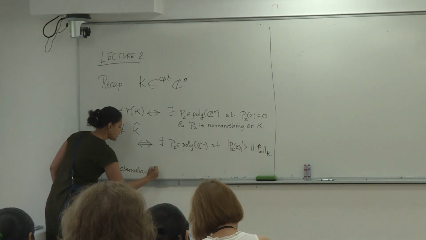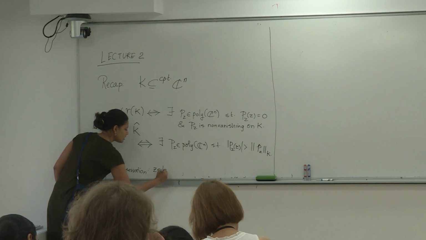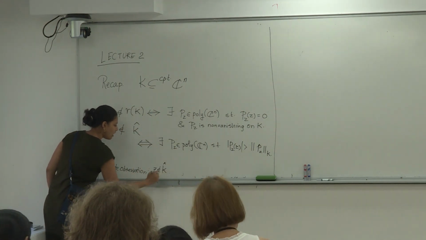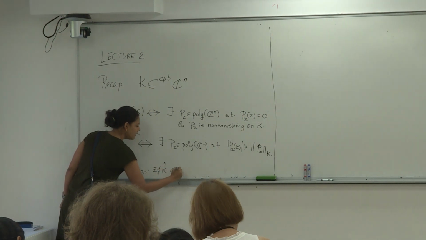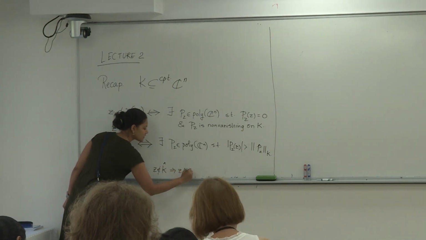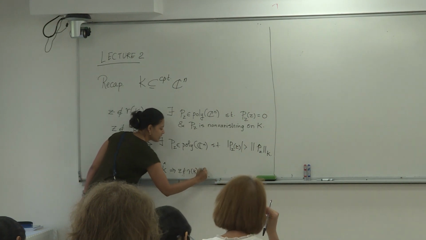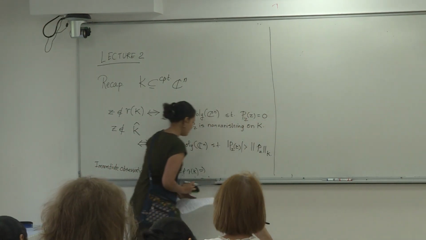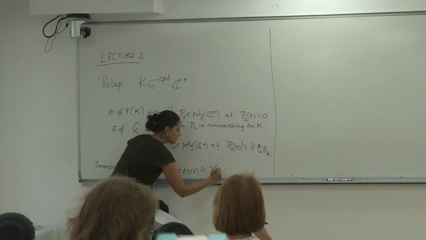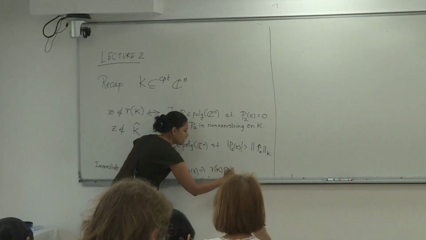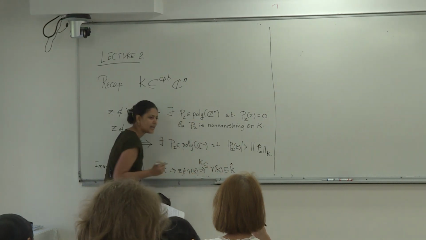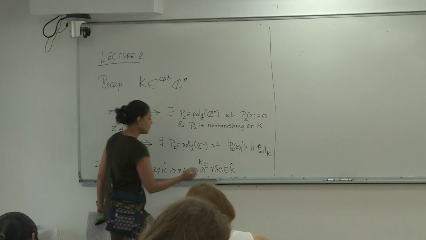The immediate observation you can deduce from this discussion is that if z is not in the polynomially convex hull, then z is not in the rationally convex hull. All of this is to say that the rationally convex hull of a set belongs to the polynomially convex hull, and something we have already observed is that K is obviously contained in both these hulls.